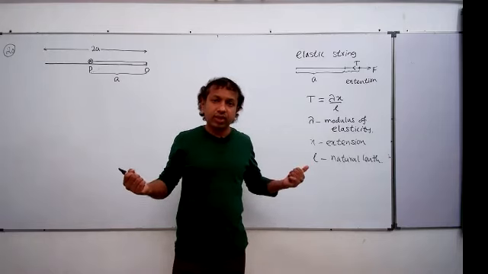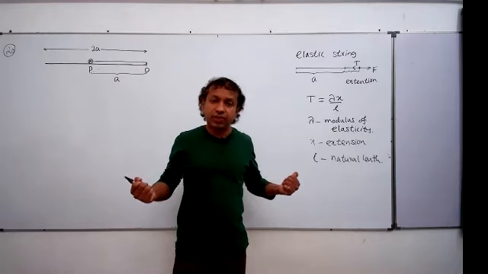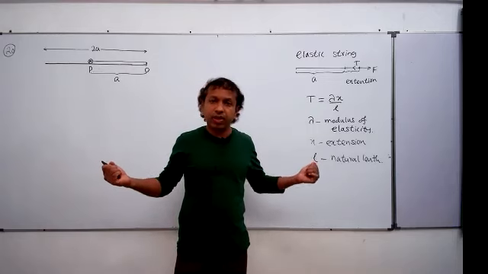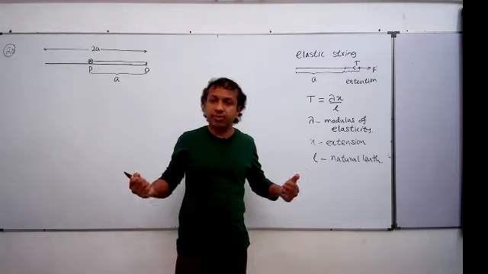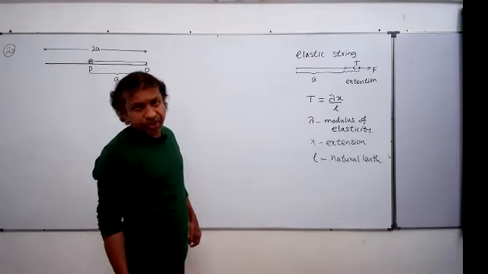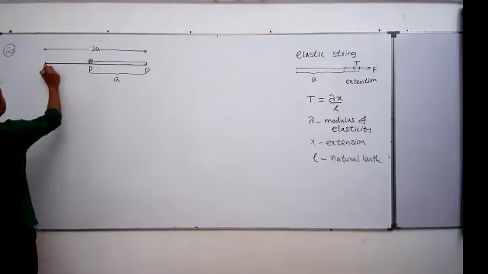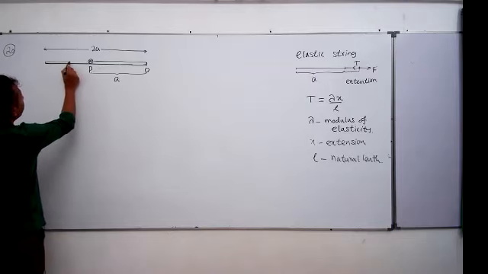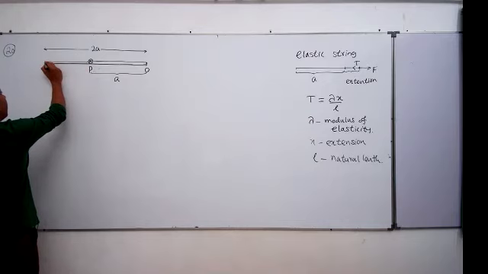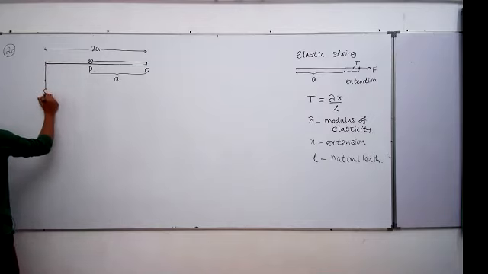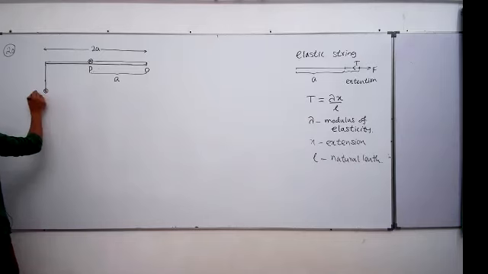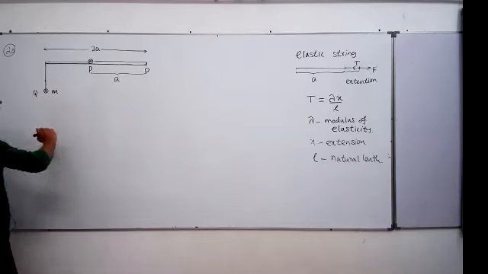Extensible means stretchable, like a rubber string. Inextensible means we can't stretch that. So such a string is the second string, like this, that passes over the edge of the table. Its one end is joined to the particle P. The other end carries a particle Q of the same mass. This is Q.